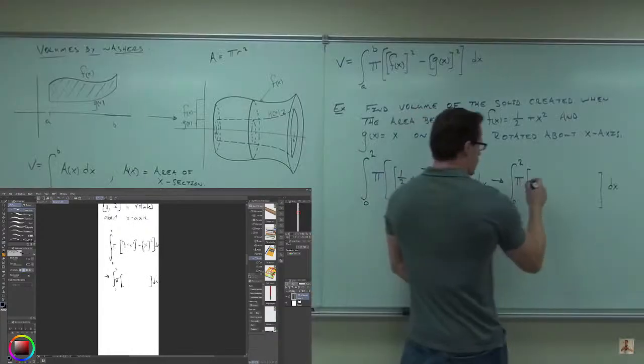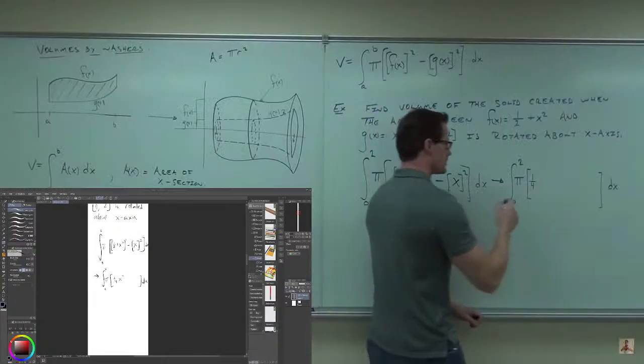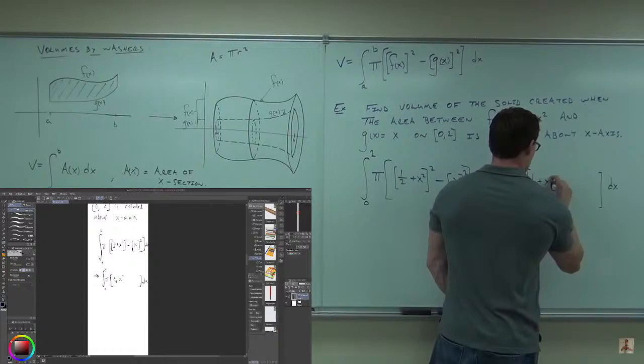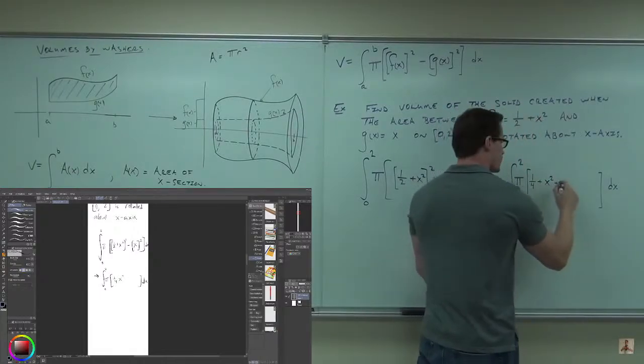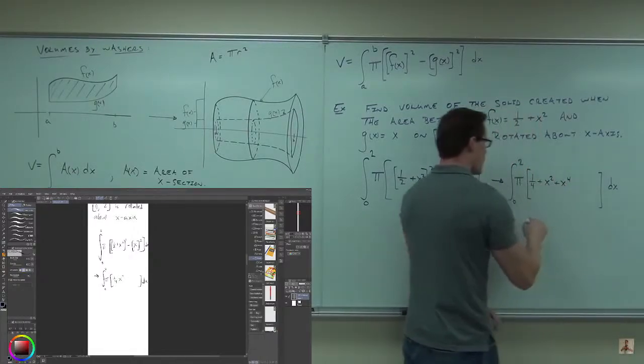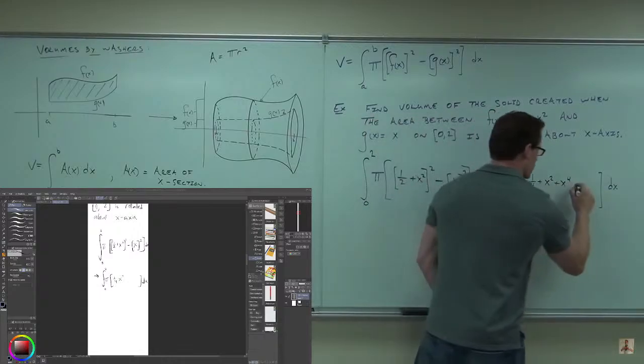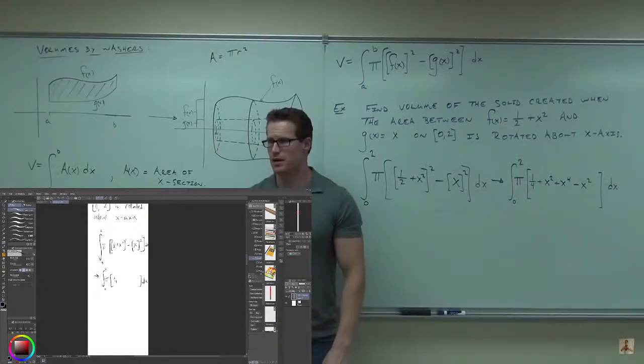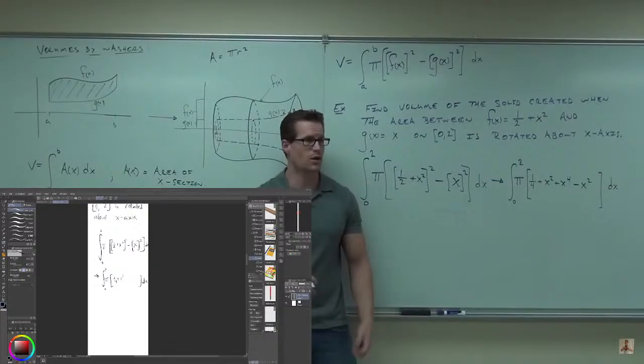This is going to be 1/4 plus x squared plus x to the 4th, and then you have this minus x squared. I would like to know if you got the same thing on your paper that I got on my paper. Did you get the same thing? Good. What happens here? They cancel each other out, which is kind of nice.